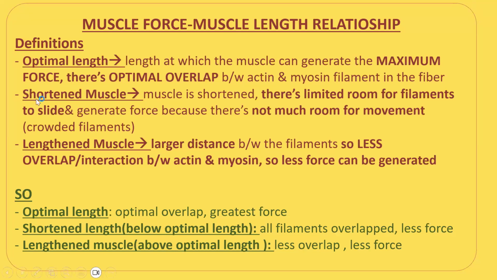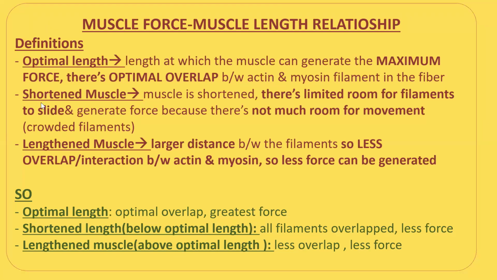Now you are doing a biceps curl. This is a shortened muscle because you are contracting it. What happens is that there will be limited room for the filaments to slide because you already contracted your muscle. The sarcomere length is already shortened. It will not be shortened beyond this length.